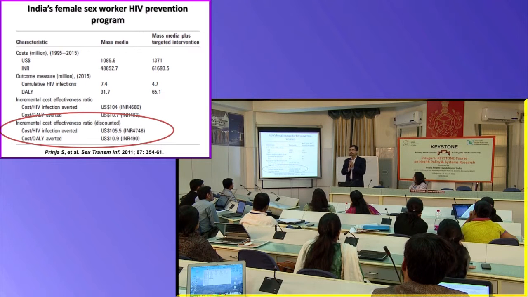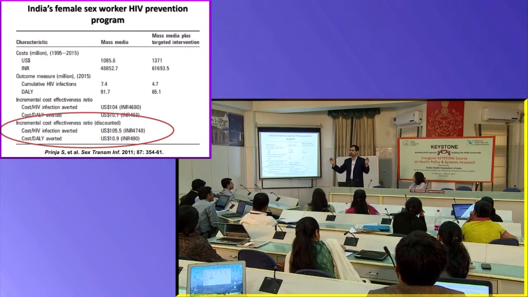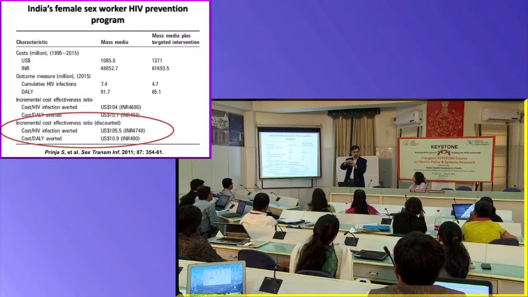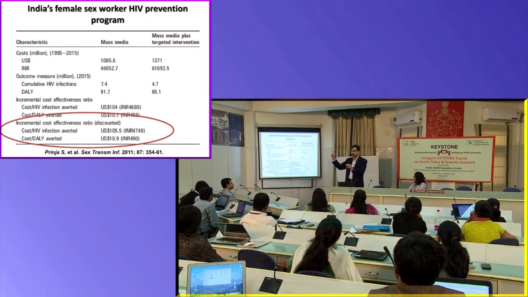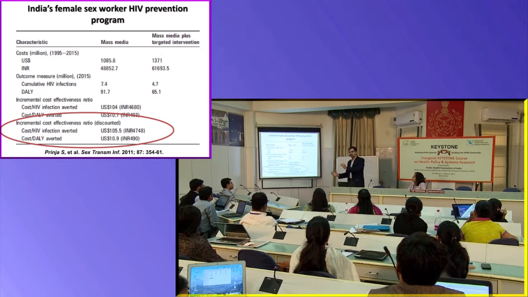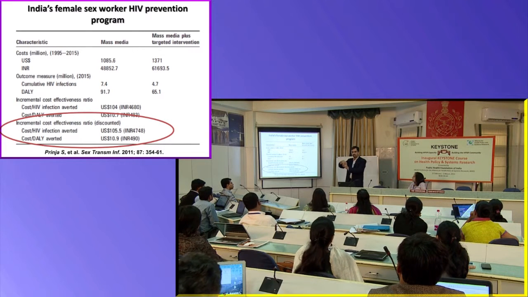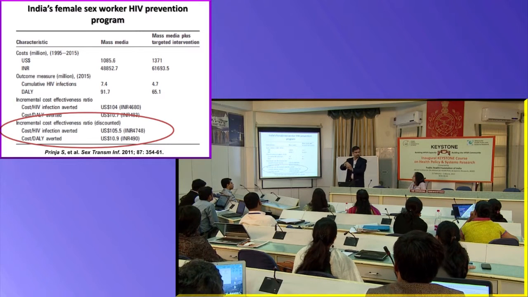After that, they introduced a strategy called a targeted intervention program: apart from general mass media for the entire population, a targeted approach for prevention among those in high risk groups, for example female sex workers, men having sex with men, or injecting drug users. So this is a comparison between mass media as an approach for prevention of HIV and mass media plus TI. TI as a targeted intervention strategy was added over and above mass media.